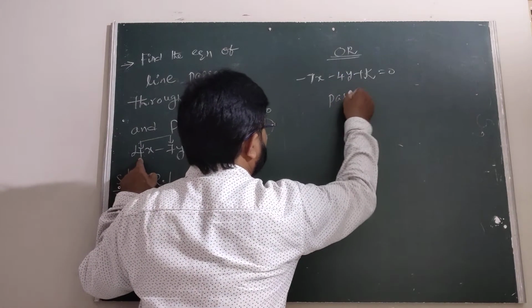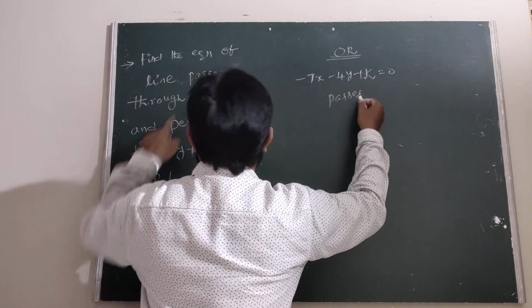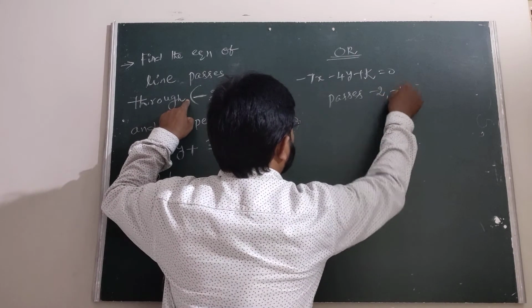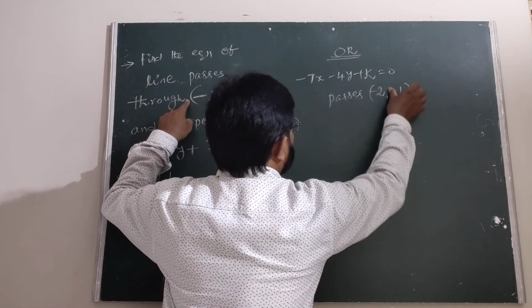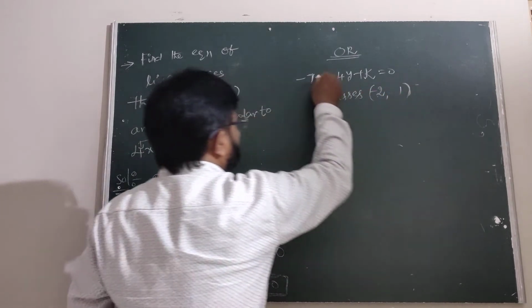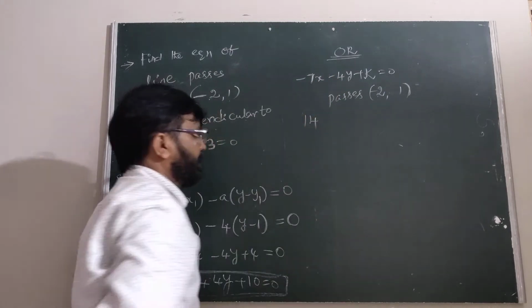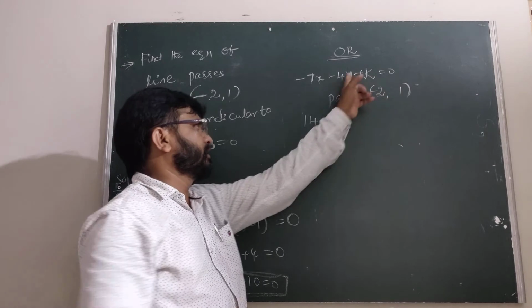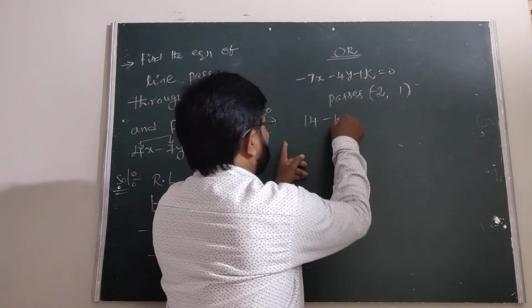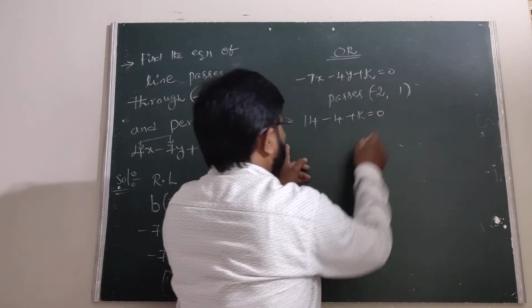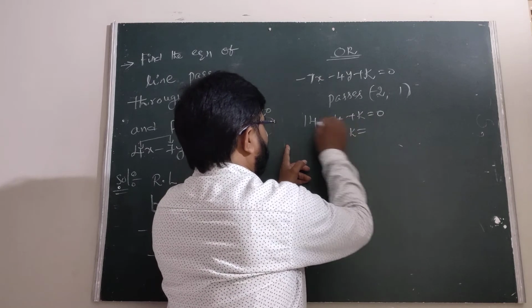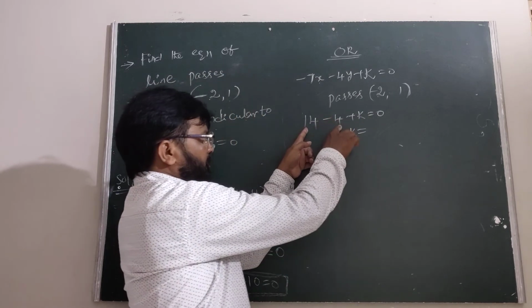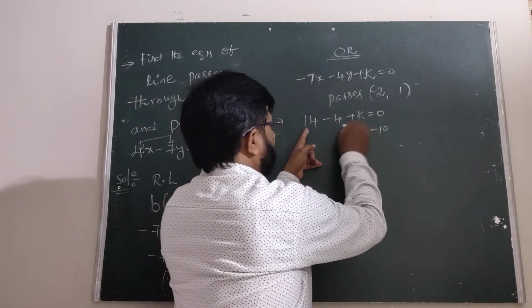Now this passes through the point (-2, 1). Substituting x = -2 and y = 1, this is 14 - 4 + k = 0. Therefore k = -10.